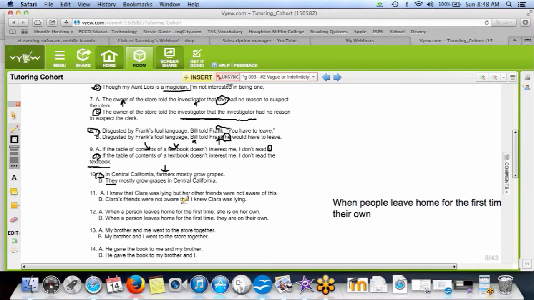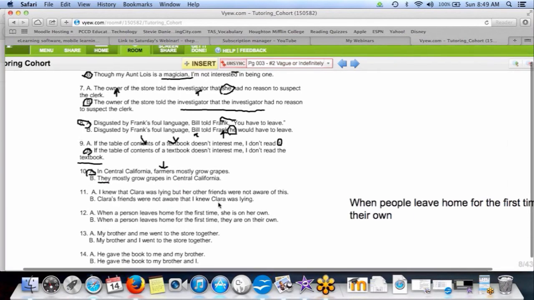And in 11, here's the vague pronoun in A: "this." We don't know if it's the fact that you knew Clara was lying, or the friends knew that you knew Clara was lying. Okay? It's vague. We don't know which one it refers back to.